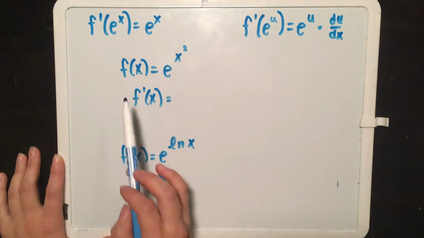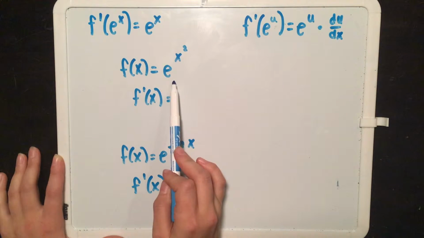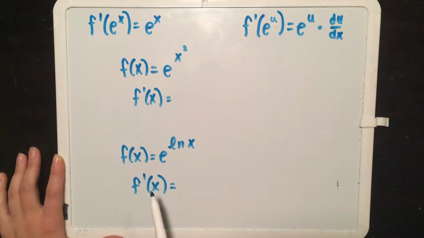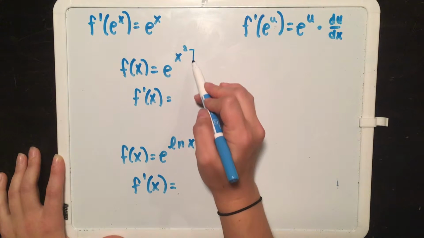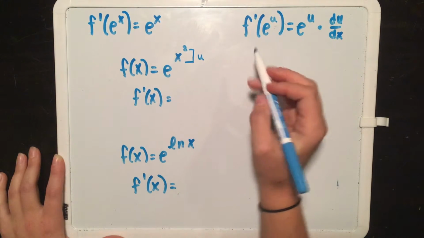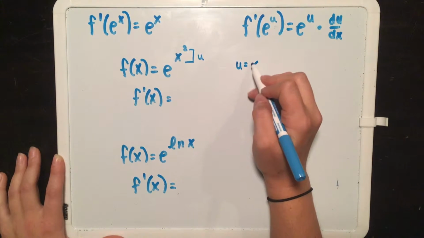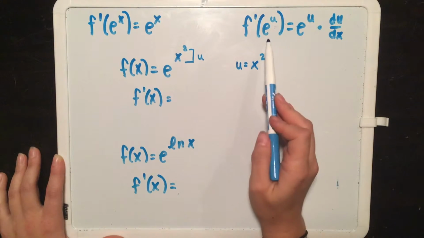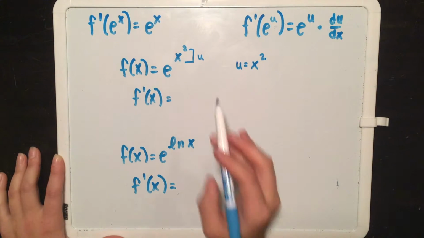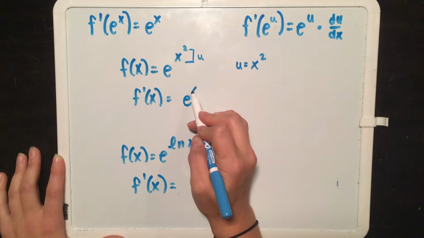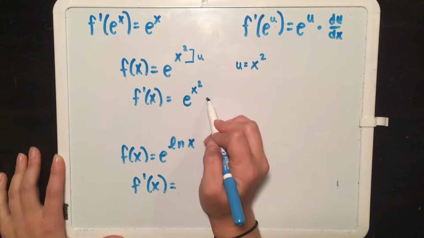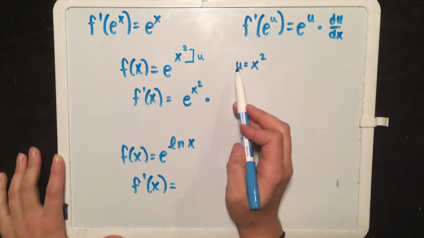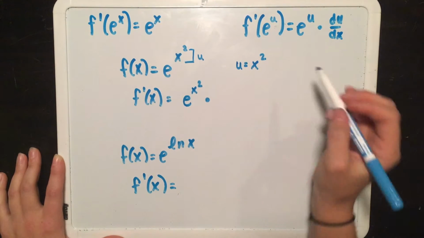The first example, f of x equals e to the x squared. Our u term is this function of x, so u equals x squared. When we take the derivative of e to the u, we repeat e to the u, which is e to the x squared, but we have to multiply by the derivative of u with respect to x.